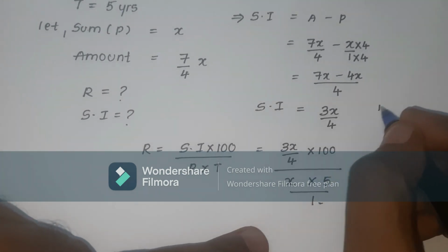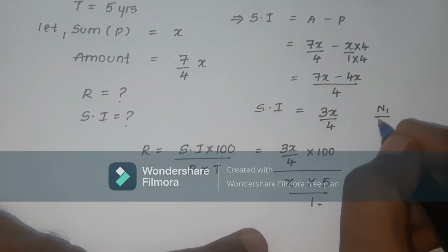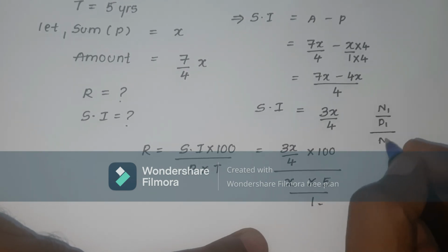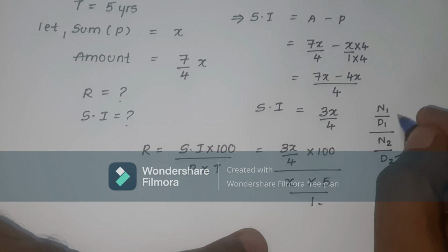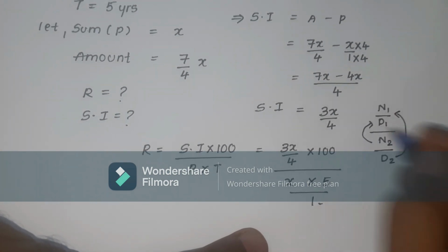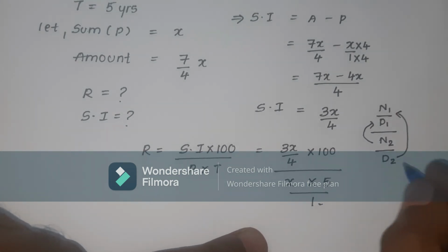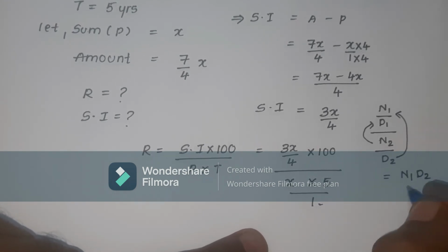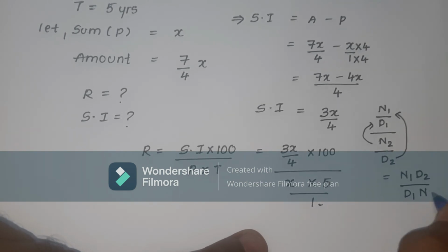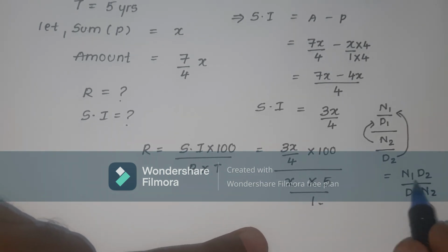You can say, student, n1 upon d1 is fraction 1, n2 upon d2 is fraction 2. So this gives you n1 into d2 upon d1 into n2. This is the funda we are going to use here.